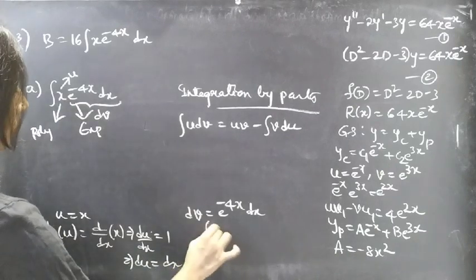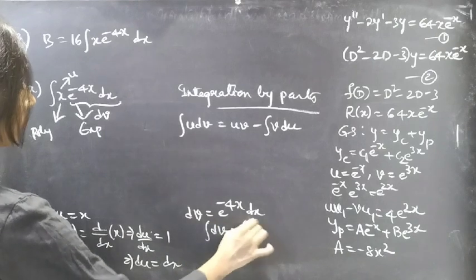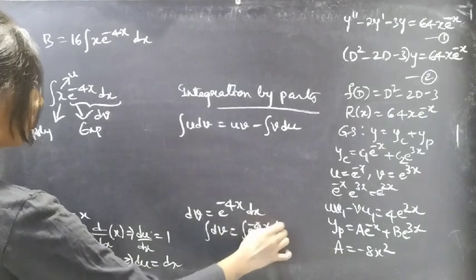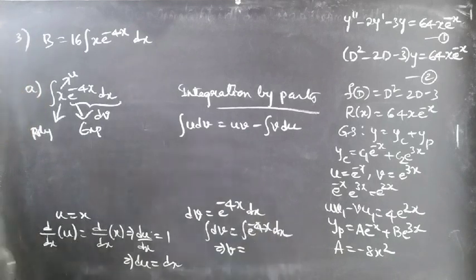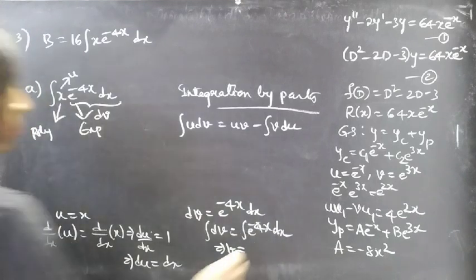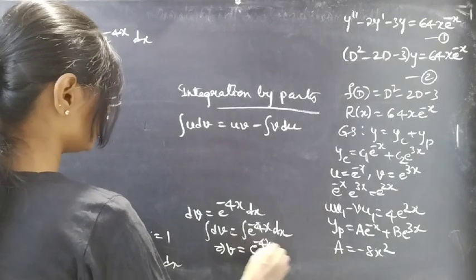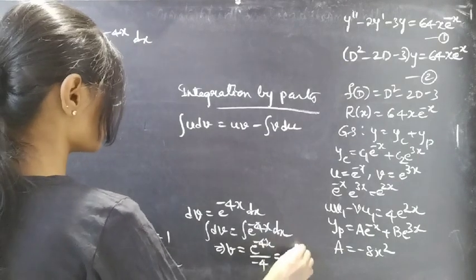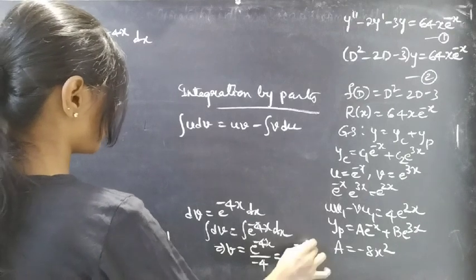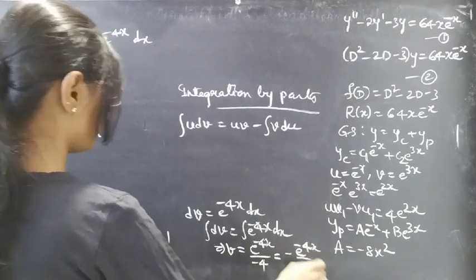Here we'll integrate on both sides to find v. This gives us v equal to integral e power minus 4x dx, which is e power minus 4x by minus 4, or we can just write this as minus e power minus 4x by 4.